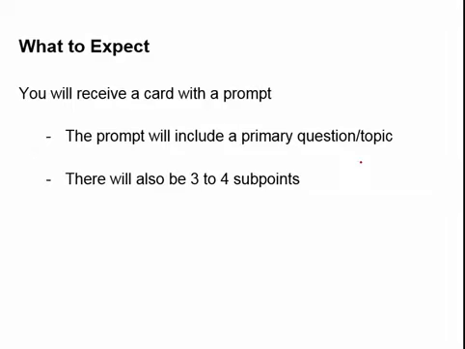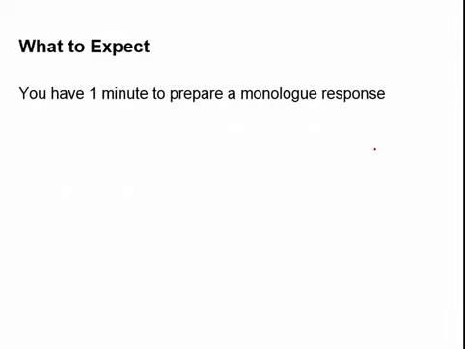Below your main question or topic on the card will be 3 or 4 sub-points. These are points related to your main question or topic, but they are smaller pieces of information that you need to provide in your response about the main question or topic. We'll see in a minute when we look at the topic card what those look like.